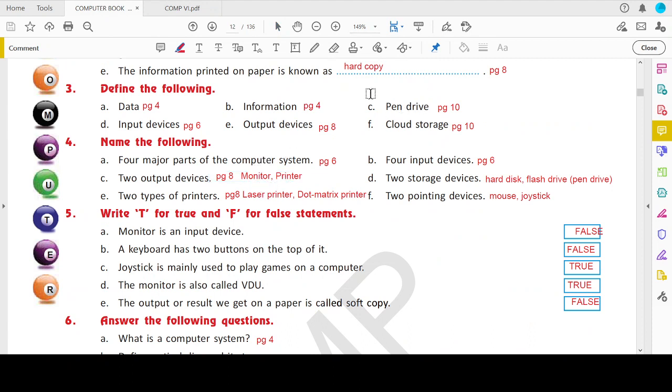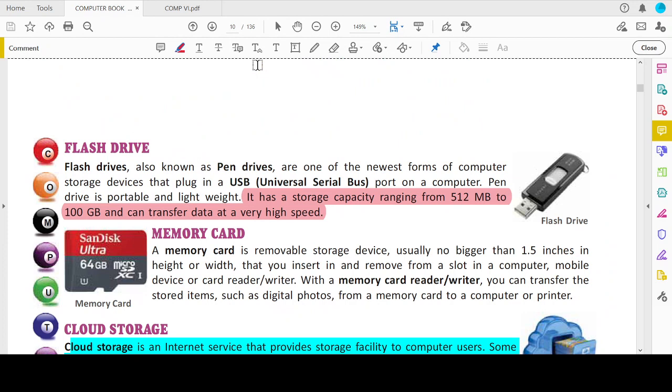Pen drive. So where will you get it? You will get it in the storage devices. That is, under storage device in flash drive, you will get pen drive. You see, flash drives, also known as pen drives, are the newest form of computer storage devices that is used using a universal serial bus port on a computer.